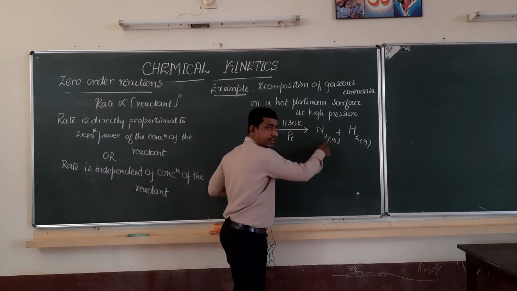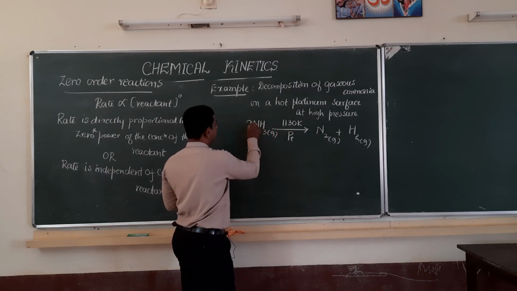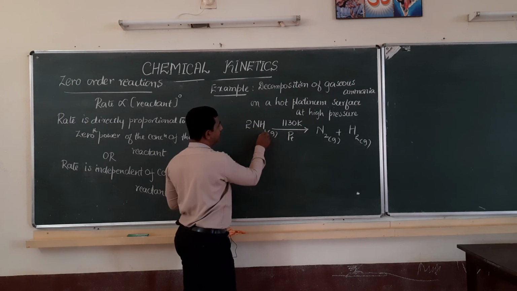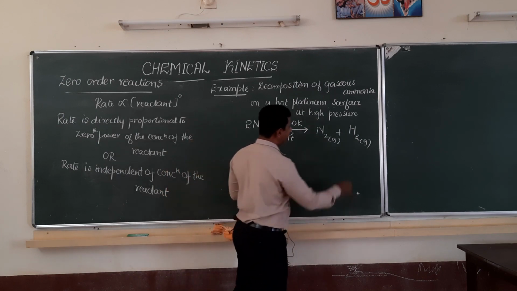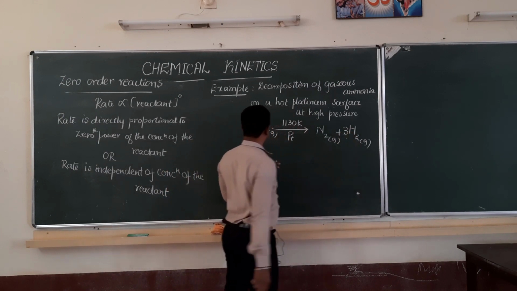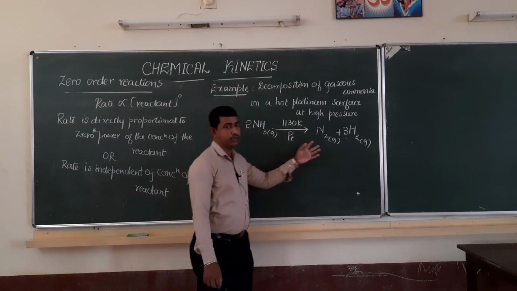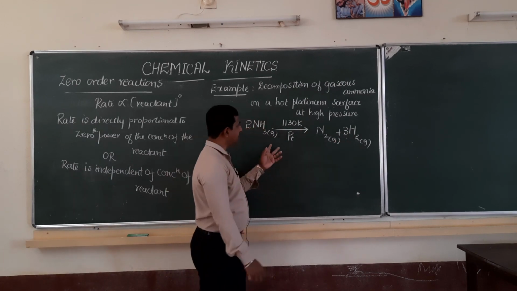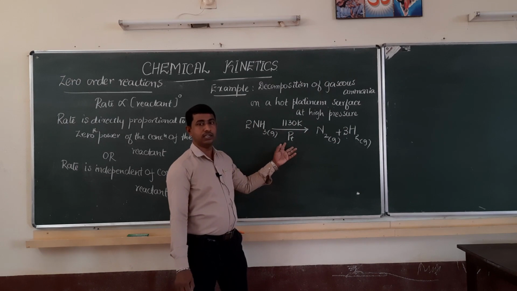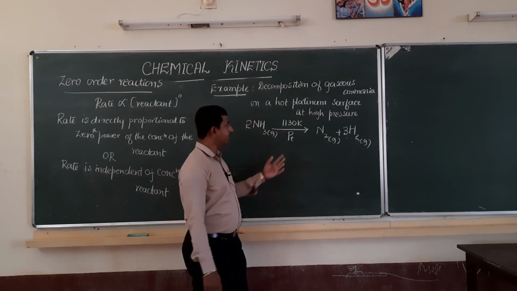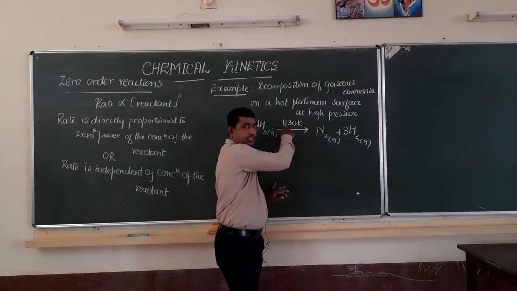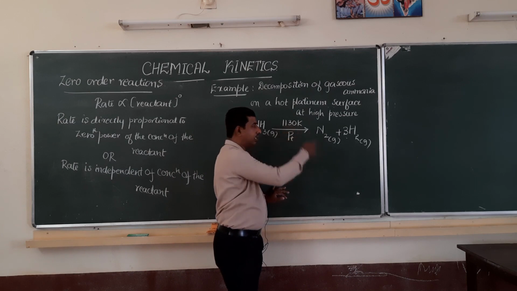Since two atoms of nitrogen are present, we write 2 here. So 2 into 3 becomes 6 atoms of hydrogen, so this is 3H2. So 2NH3 gives N2 plus 3H2. This reaction occurs on the surface of platinum at a high temperature, that is 1130 Kelvin.